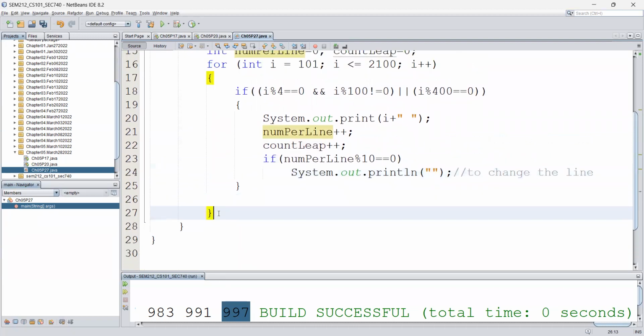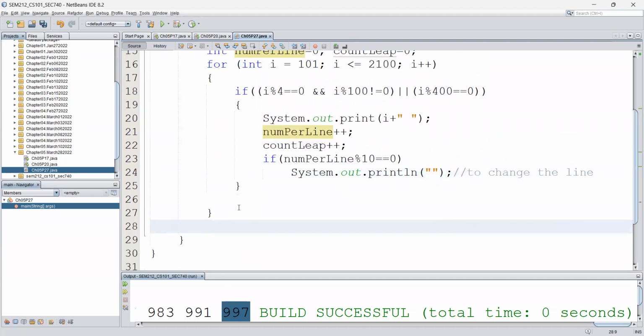When the for loop finishes, here I should write total number of leap years equals how much? Count leap.